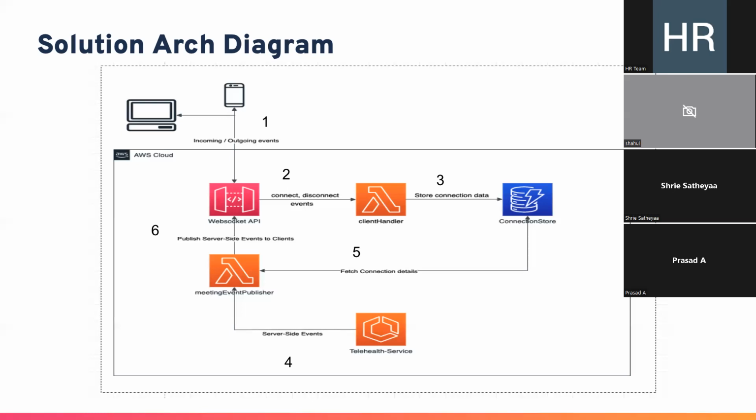Once he receives the Chime meeting details through the WebSocket API gateway, he will be moved from the waiting room to the tech check screen, where he can check the audio and video devices, and then proceed to join the meeting session. Because you use Chime here, I'm not sure how Chime works.